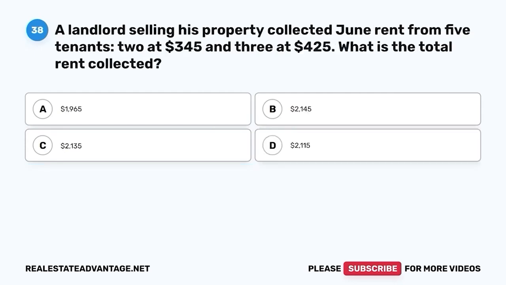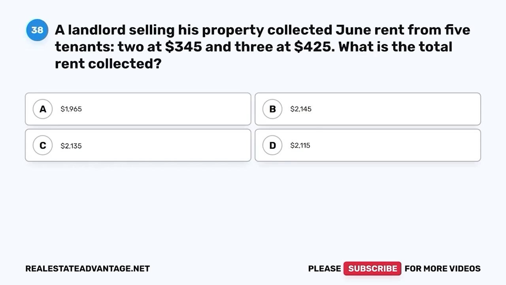Question 38. A landlord selling his property collected June rent from 5 tenants, 2 at $345 and 3 at $425. What is the total rent collected? A. $1,965. B. $2,145.